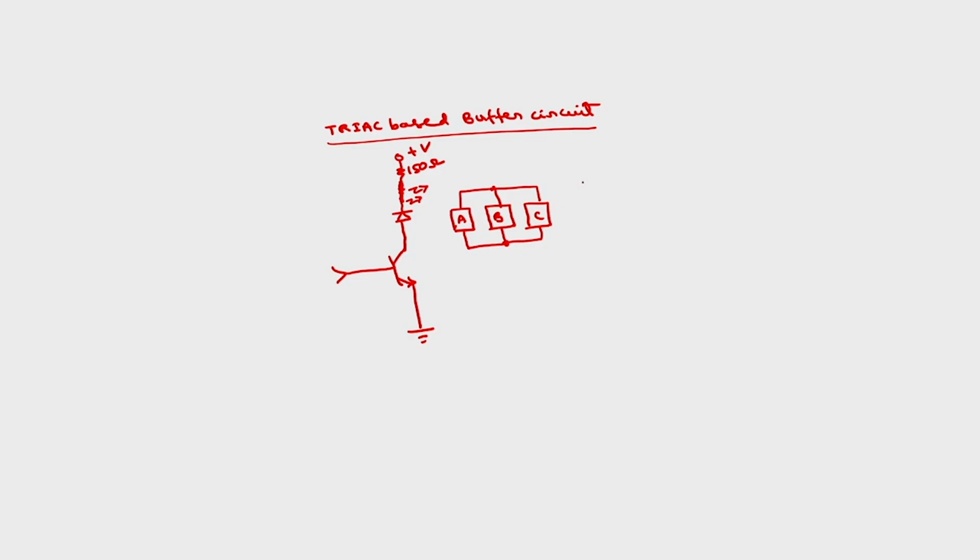So this C is going to control the triac, the actual triac. This is the symbol of triac. This triac will be connected to the load.